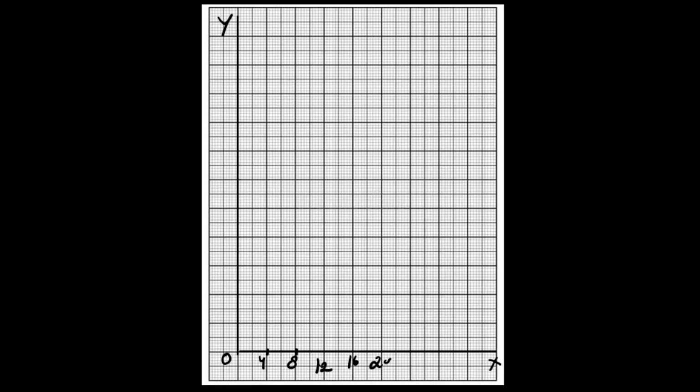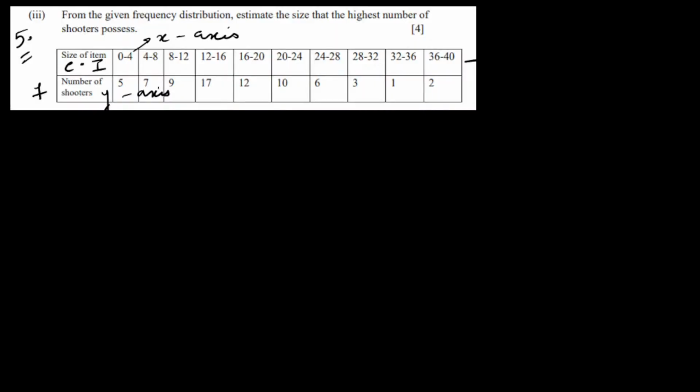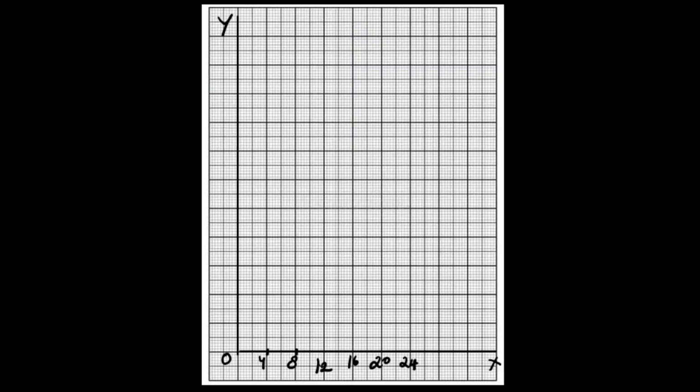One single time we have to write the number. Up to 40 we have to write: 24, 28, 32, 36, and here I don't have space, so somewhere here 40 will come.